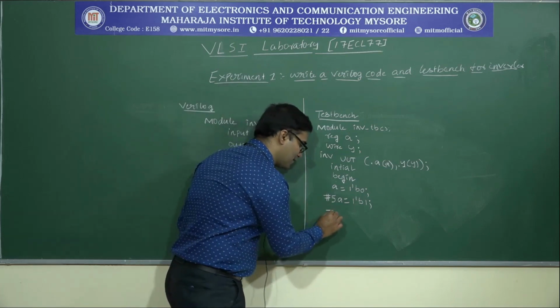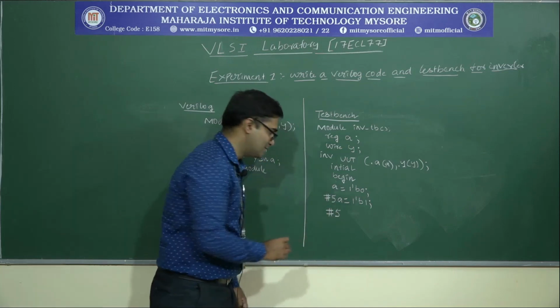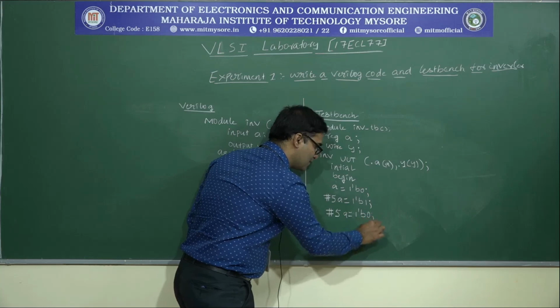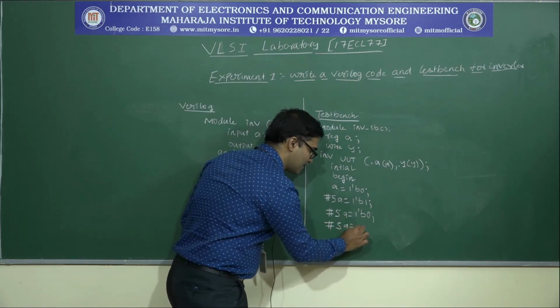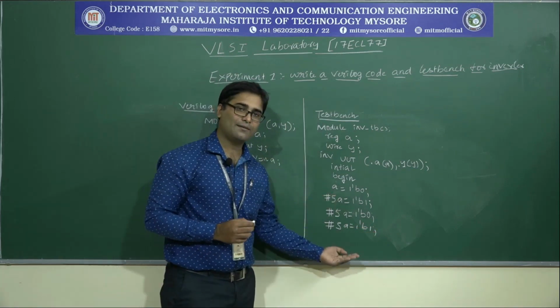Again, we will have 2 more inputs. For 5 nanoseconds, the input changes to 0, and for another 5 nanoseconds, the input changes to 1. So we can have n number of inputs.